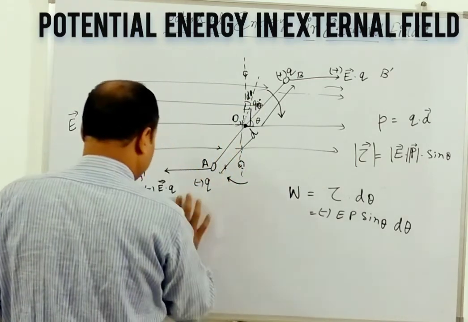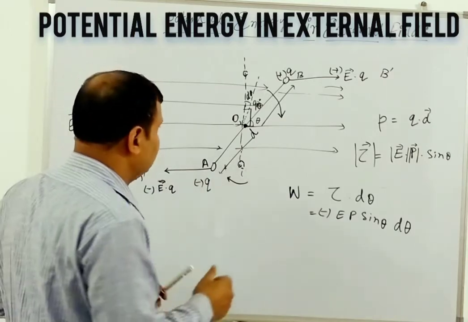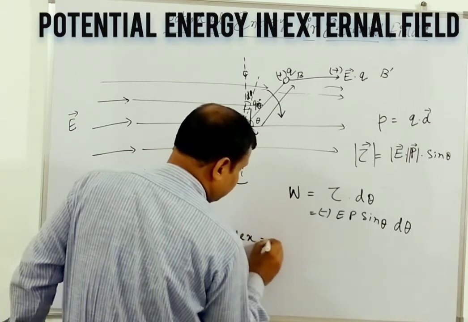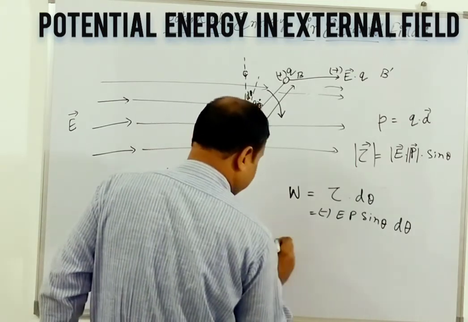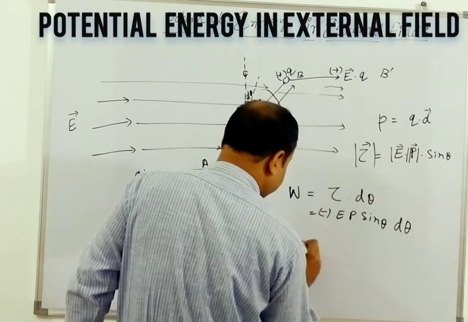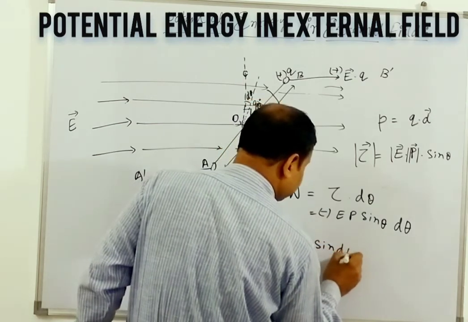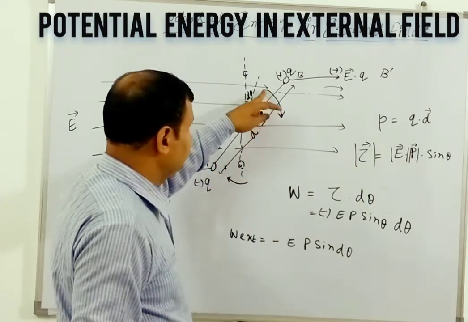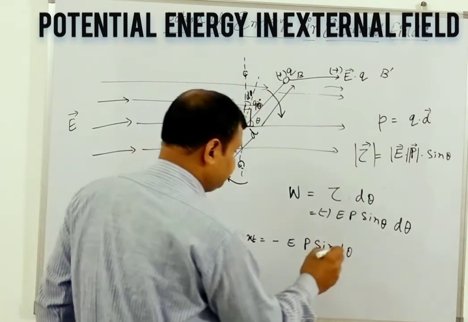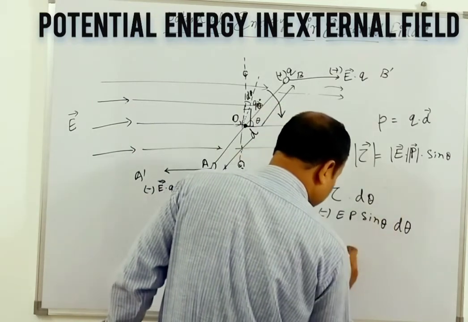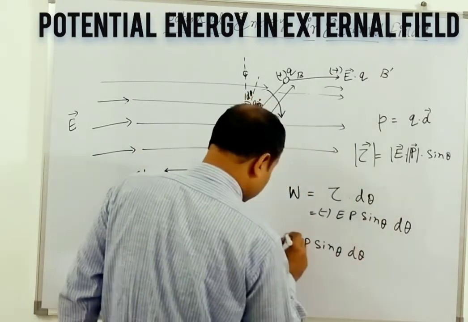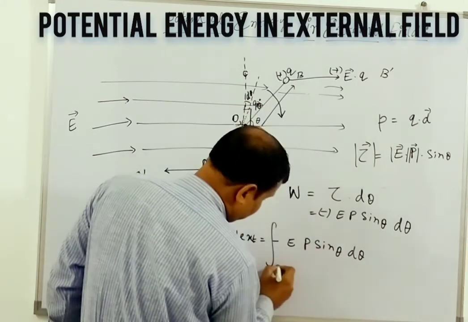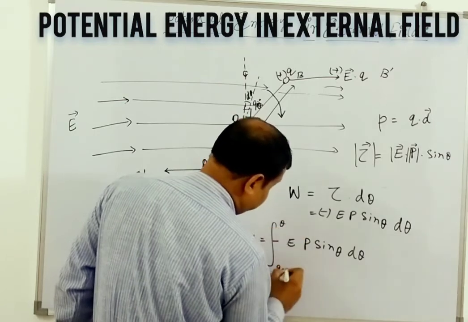So the external work we need to put in will be the negative of EP sin theta d theta, and if we move the dipole from 90 degrees to theta, the total work will be the integration of all this.